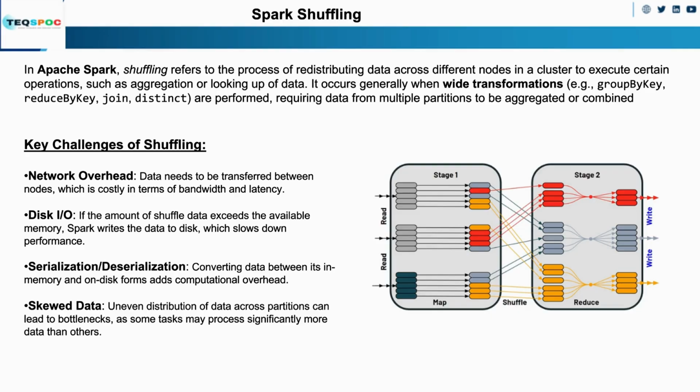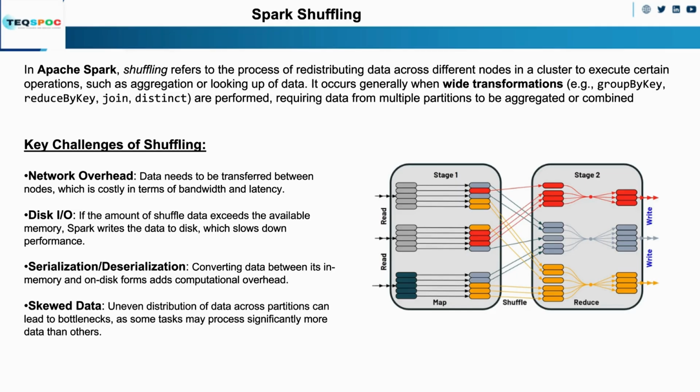Whenever this serialization or deserialization happens, it automatically takes a bit more time for any job to process. It could be a Spark job or any other code or application that you have written, so to speak. This also happens whenever shuffling occurs. So this is one more major reason why the job gets slowed down.